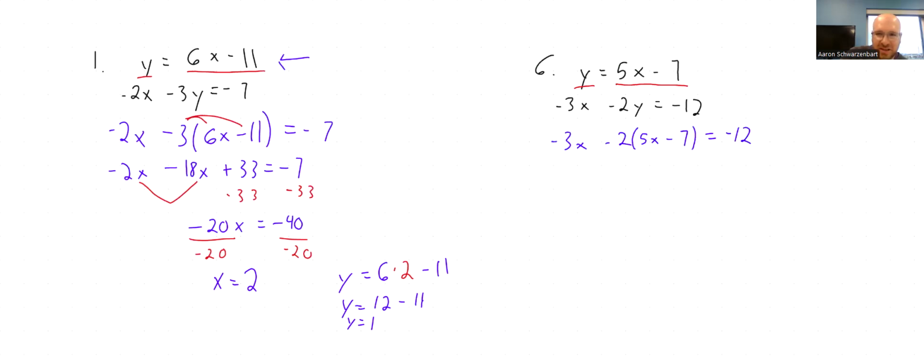And I get negative 3x minus 2 times 5x minus 7. Negative 2 times 5x is negative 10x. So I'm distributing: negative 2 times negative 7 is plus 14.